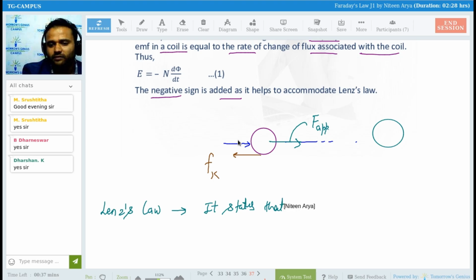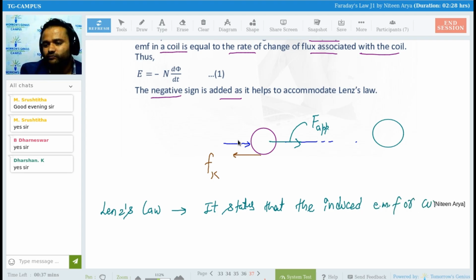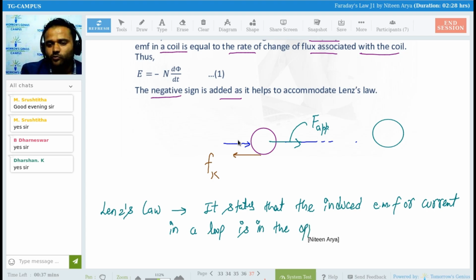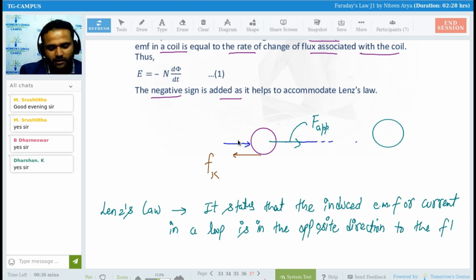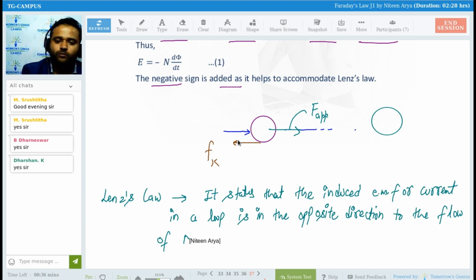It states that the induced EMF or current in a loop is in the negative direction, in the opposite direction to the flow of magnetic flux.